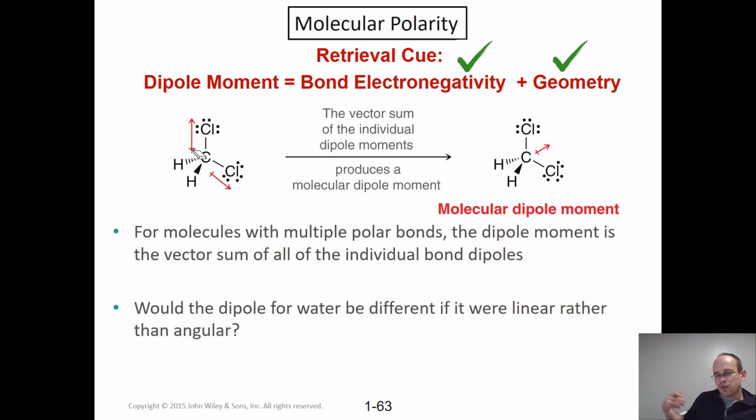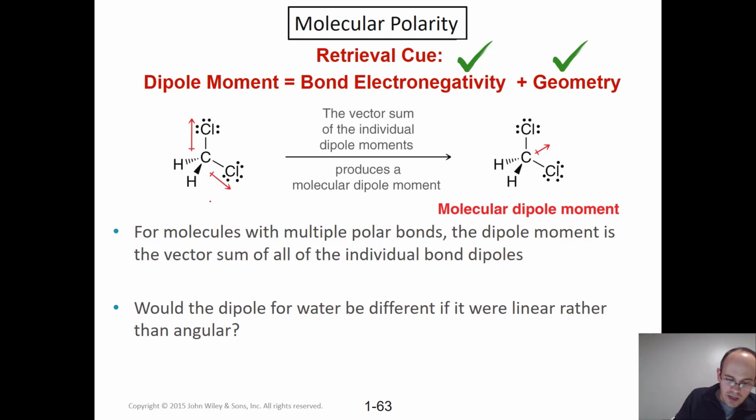Well, if we have multiple dipoles in a single molecule, we can get an overall dipole moment, or an overall sum of the dipoles, by drawing what's called a dipole moment on the molecule. And that's using one of these vector arrows to show the polarization of the whole molecule. But that vector arrow is just a vector sum.